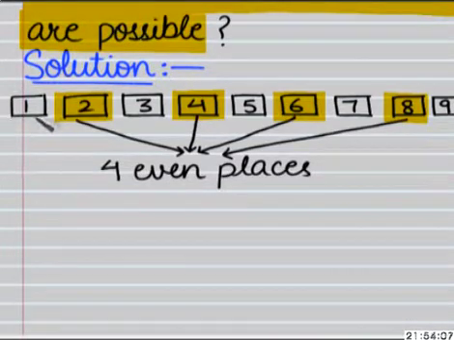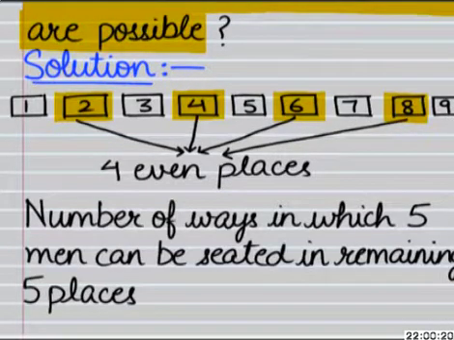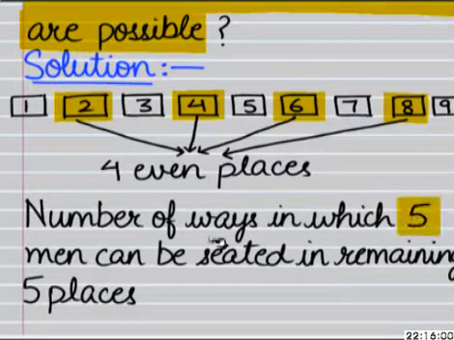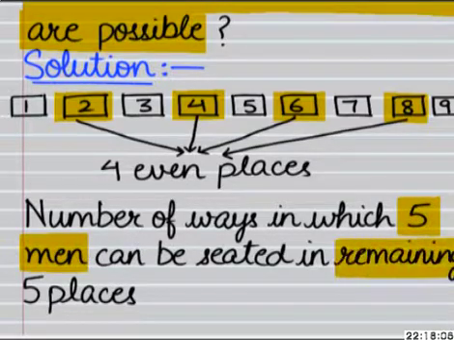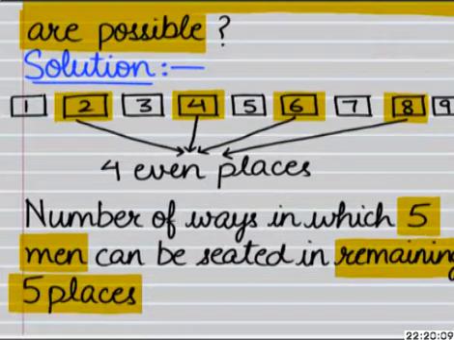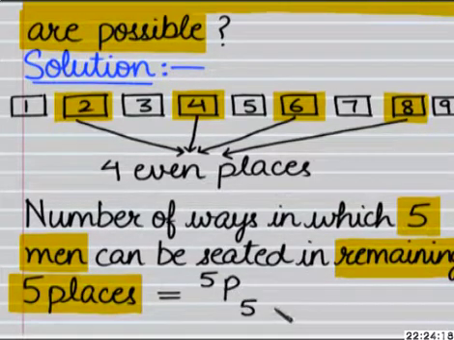Now the remaining 5 seats will be occupied by 5 men. So the number of ways in which 5 men can be seated in remaining 5 places will be equal to 5P5.